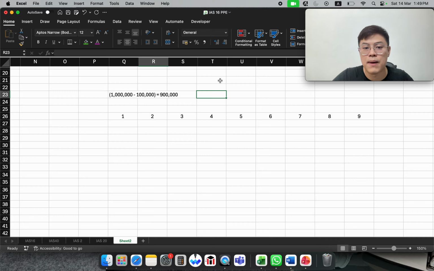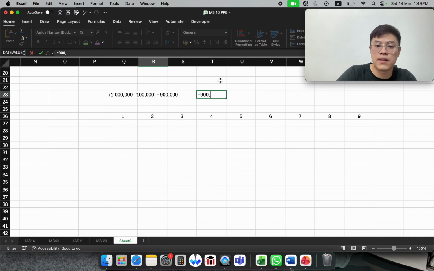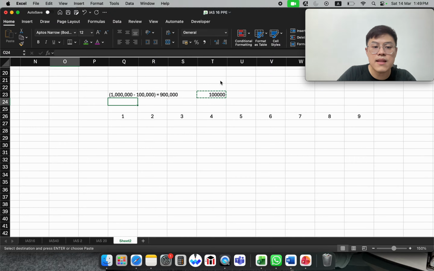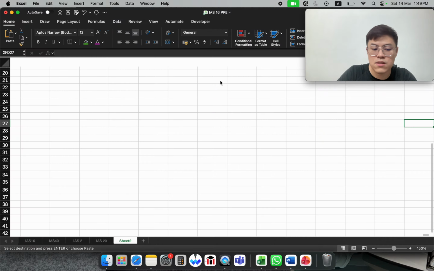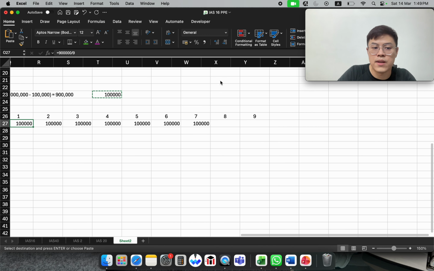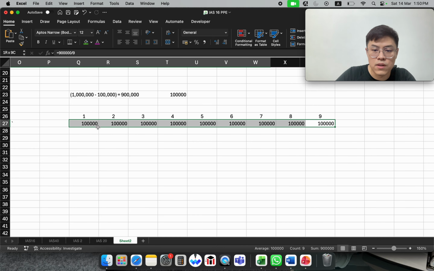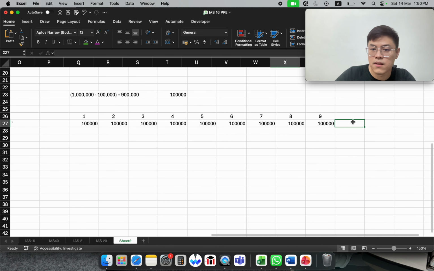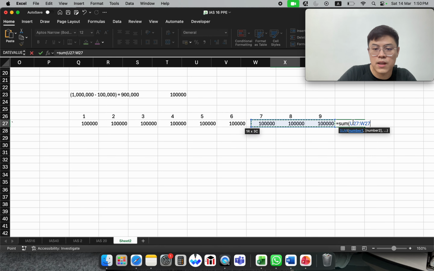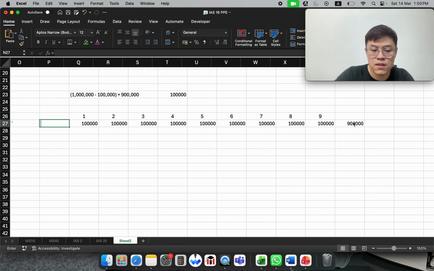That's why you divide by 9. 900k divided by 9, you will get 100k, and this 100k you will gradually reduce under the depreciation, and the total depreciation will be 900k.